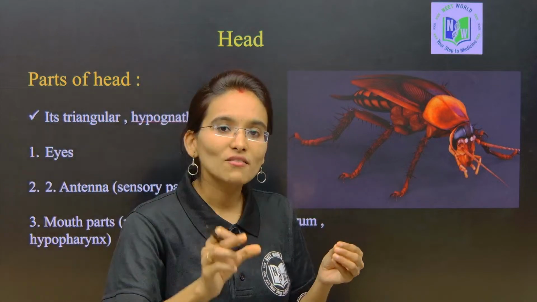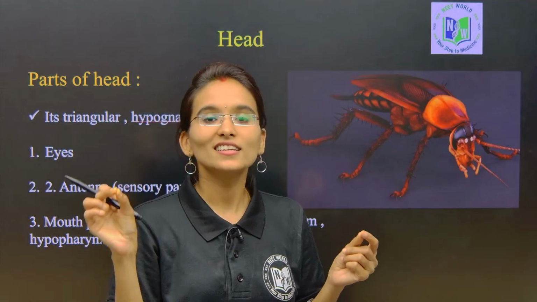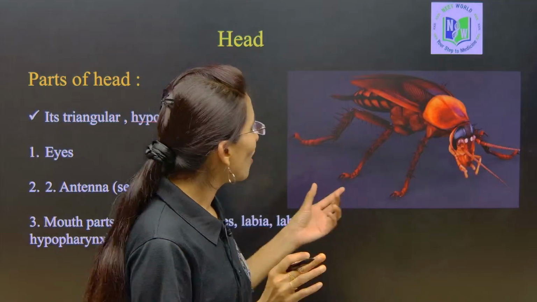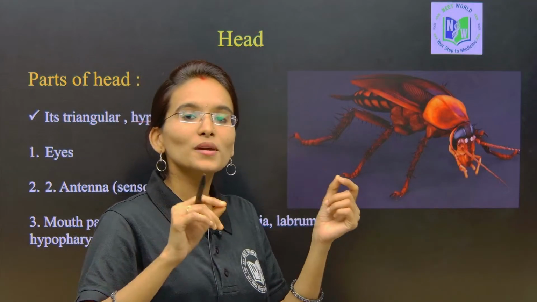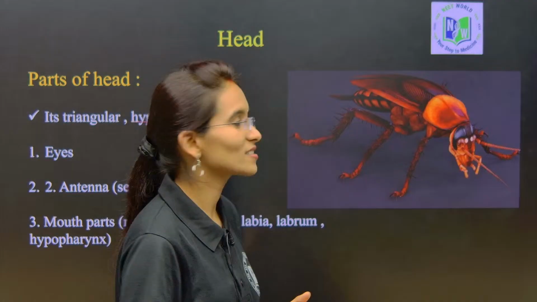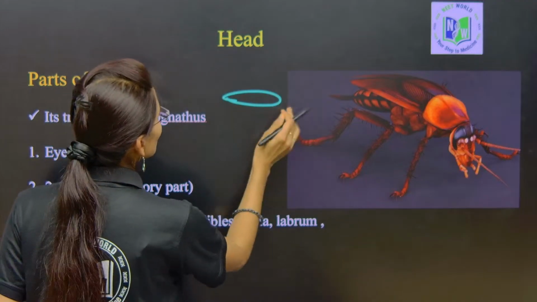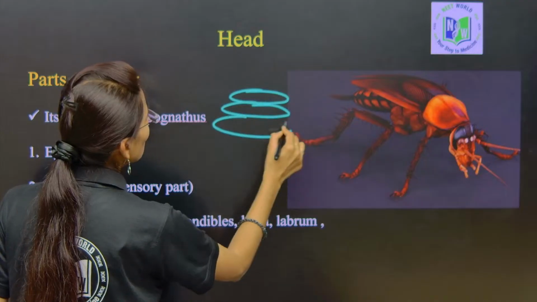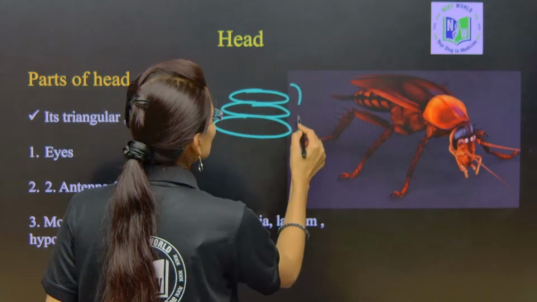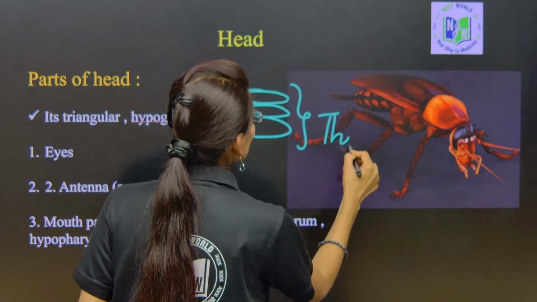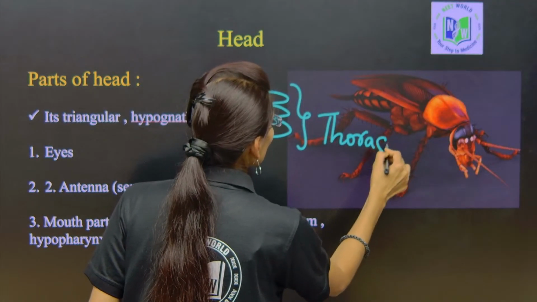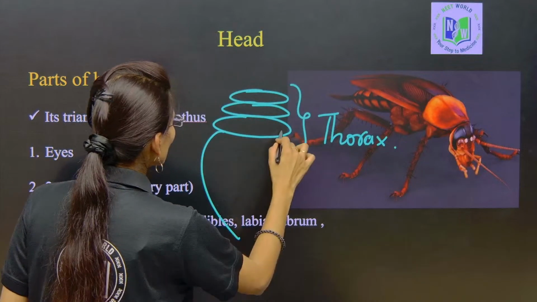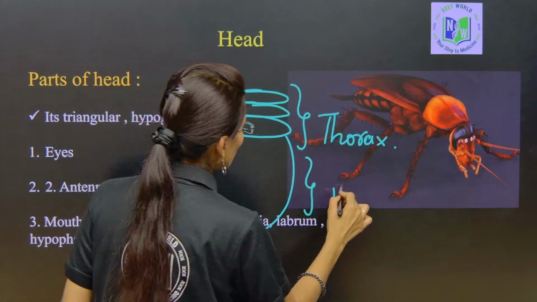So the 7th, 8th and 9th segments of the Periplaneta americana are called prothorax, mesothorax and metathorax. This will be the thoracic part, and from the thorax it is going to form the abdomen.